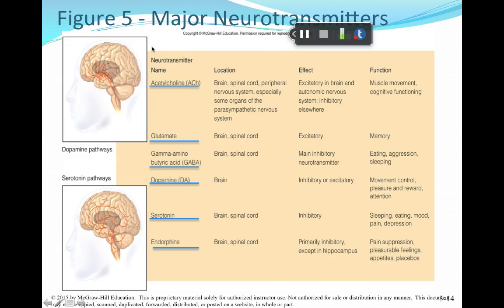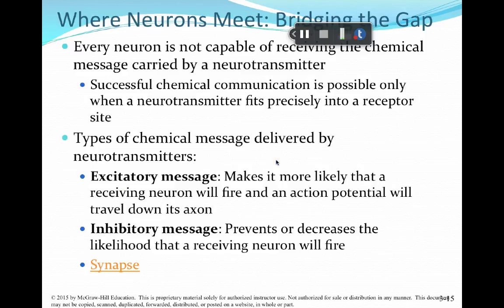I think you just need to realize that all of these neurotransmitters are located in the brain, except some of them are in other parts of the nervous system. The effects that they have are different, and they have different functions, so they're found in different parts of the brain.